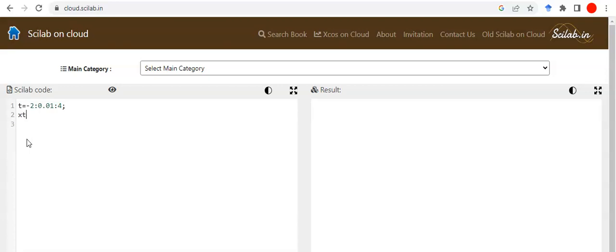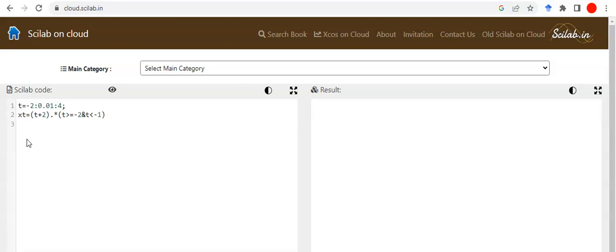So xt is equal to t plus 2 when t is greater than or equal to -2 and when t is less than -1.